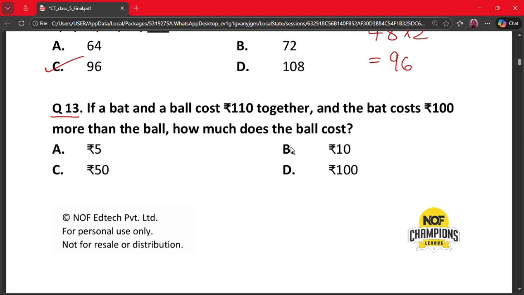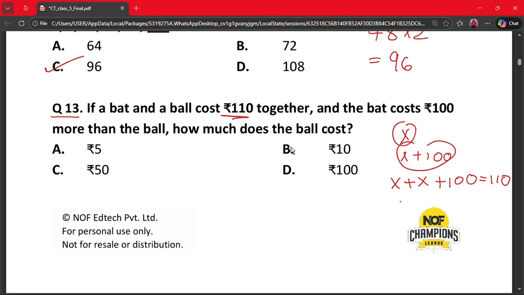So let the cost of the ball be X and the bat be X plus 100. So the total is X plus X plus 100. That means bat plus ball, and the total value of them together is 110.